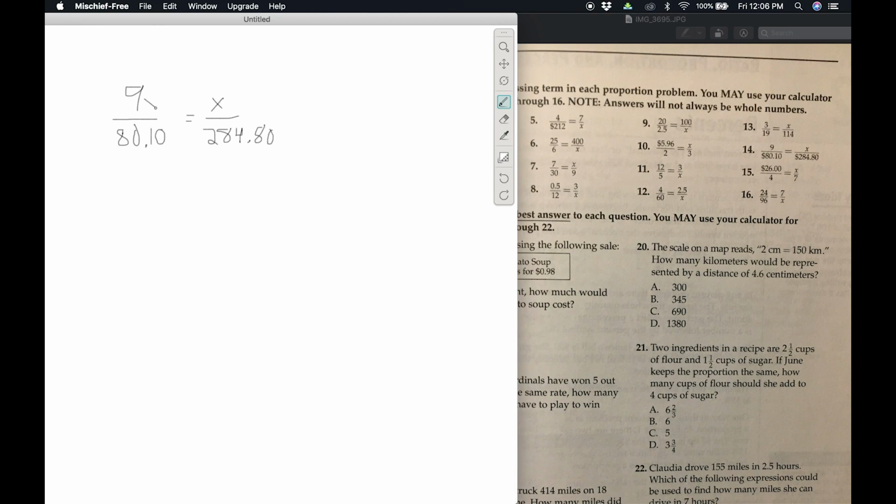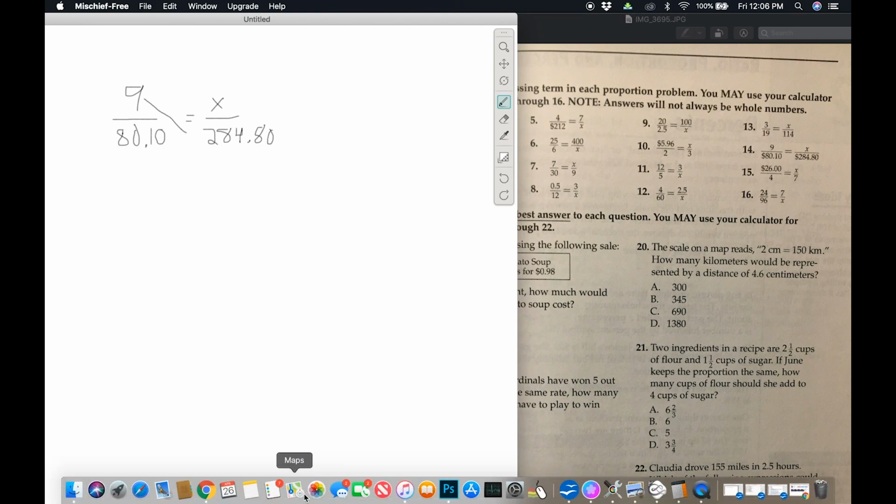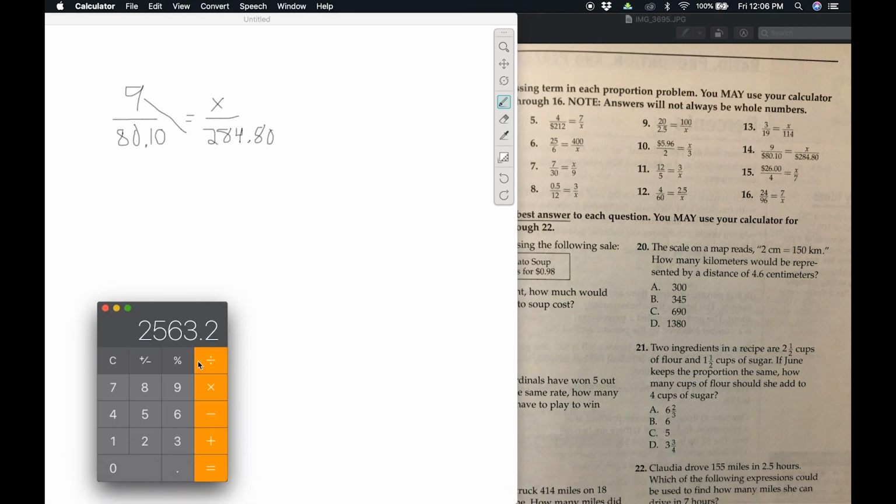So 9 times 284.80. Let's see. I'm gonna do that on a calculator. So excuse me. 9 times 284.80 equals 2.